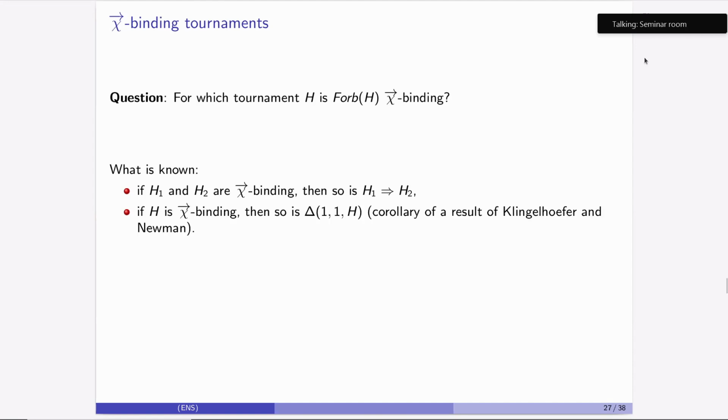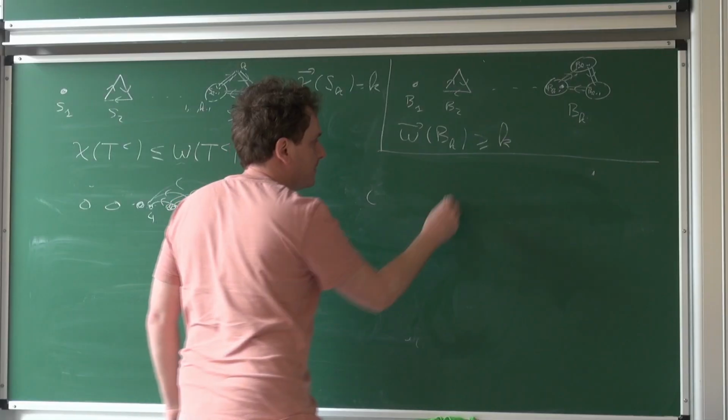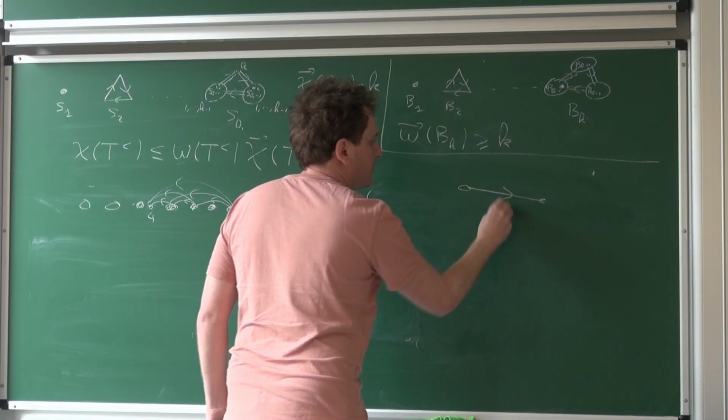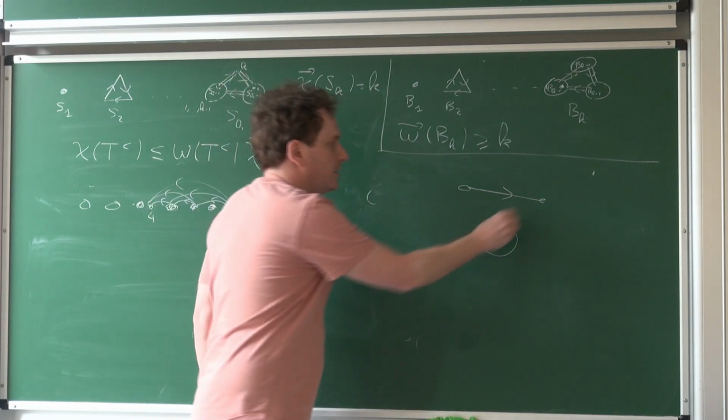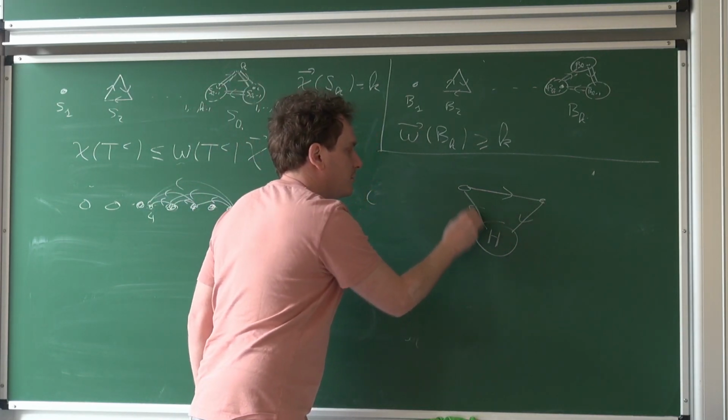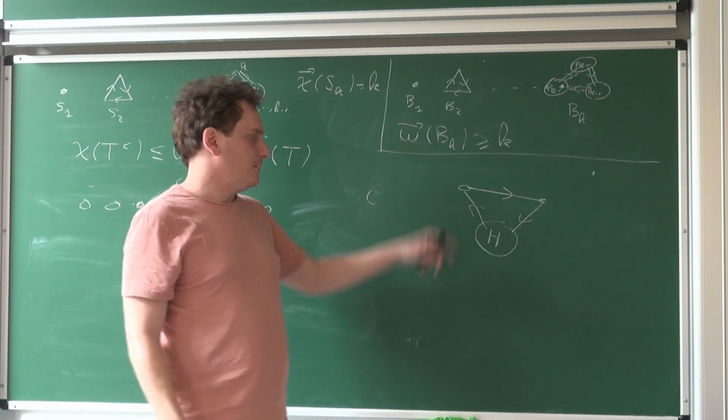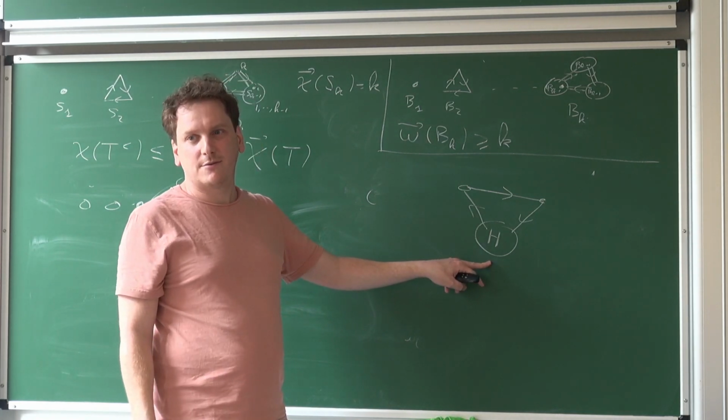What we also have is that if you take an arc and a copy of H, where H is chi-bounded, and you organize them in the usual triangle fashion, then this is also a chi-bounded tournament.